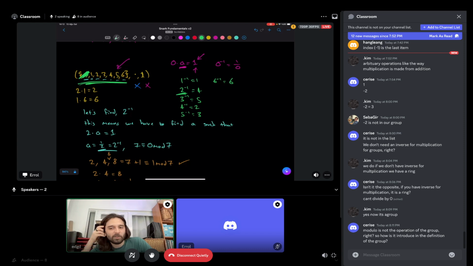In terms of your question, Cerise, about modular not being the operation of the group: I introduced modular arithmetic to help you understand how we maintain what we do in our own set. It's like an equality relation that we apply on our set to make sure we stay within it.